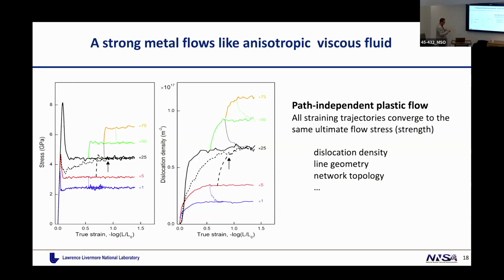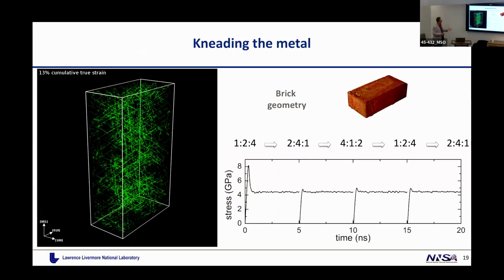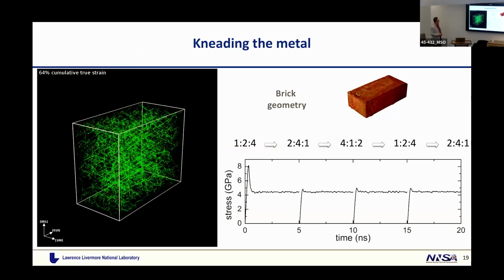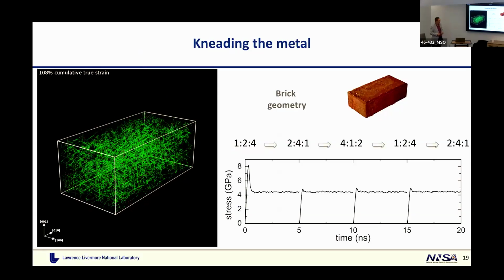It reaches the same steady state. That was amusing. Not only did the flow stress become steady, but all measures of dislocation microstructure, such as dislocation density, line geometry, and topology of the network, are statistically stationary in these flow states. That was quite interesting.